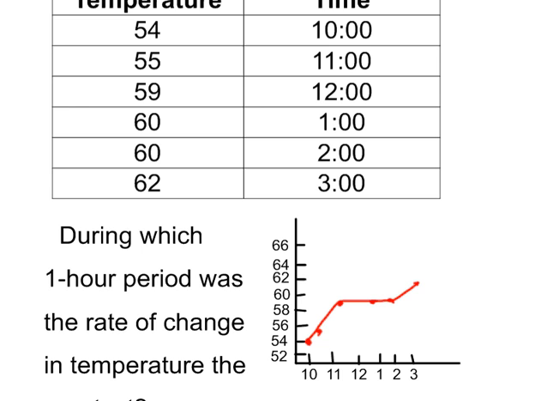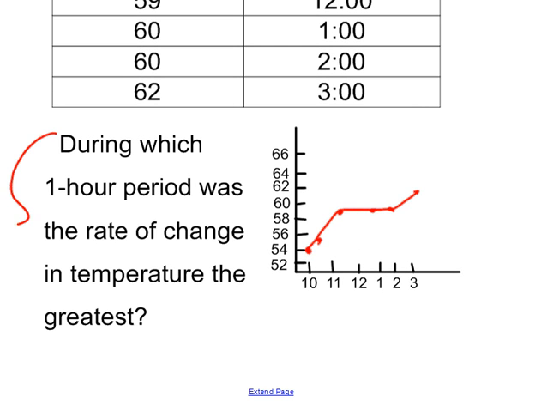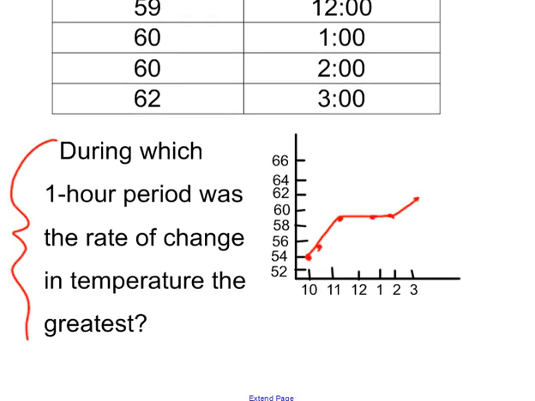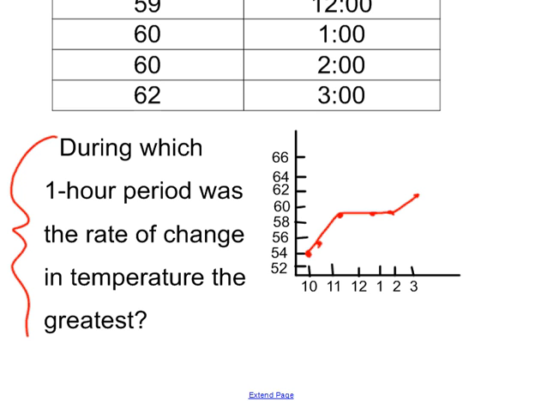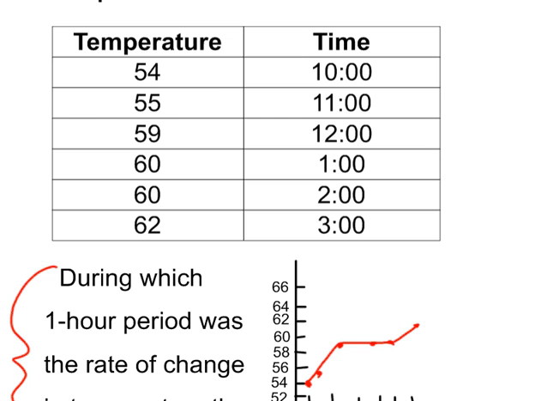During which 1 hour time period was the rate of change in temperature the greatest? So working out this question, I can do it from the graph, or I can go back to the table. The temperature change from here to here was 1 degree. From here to here was 4 degrees.